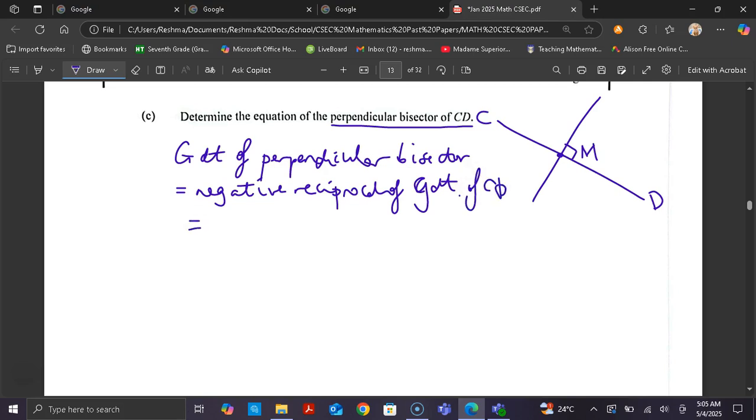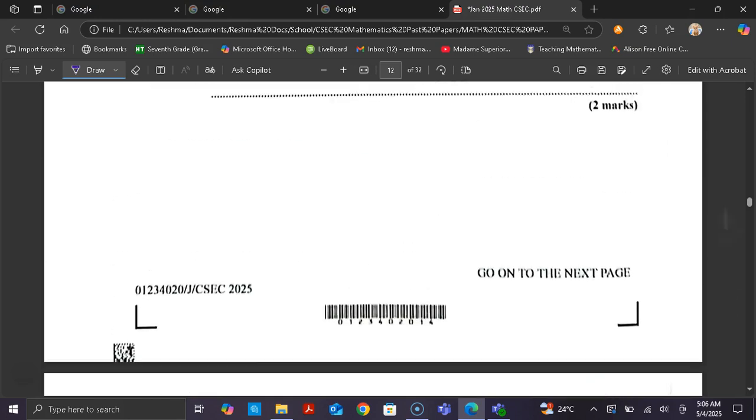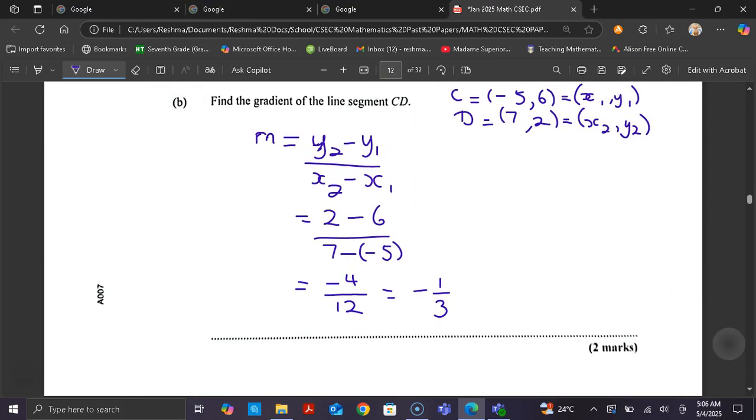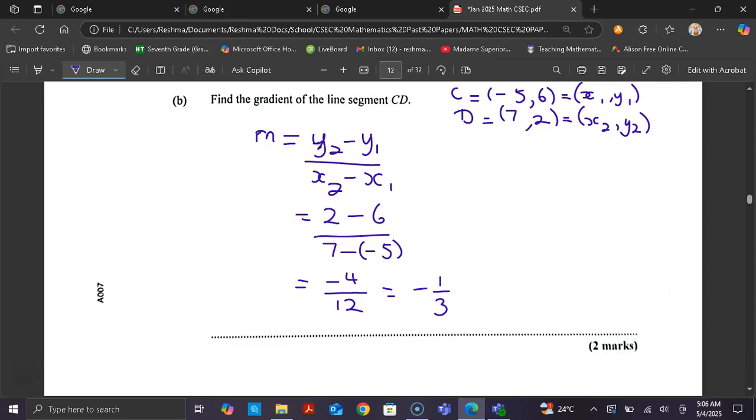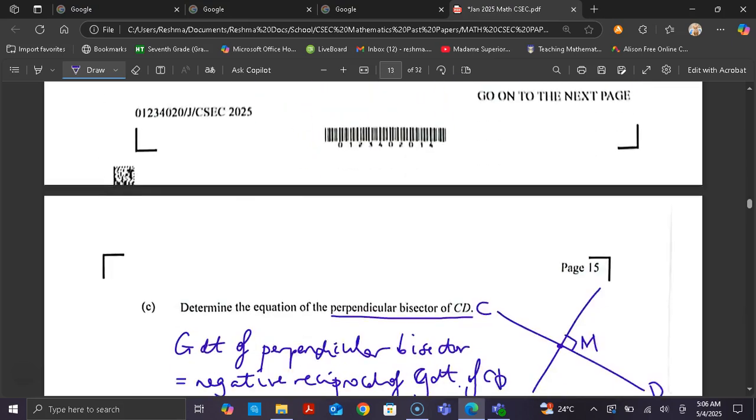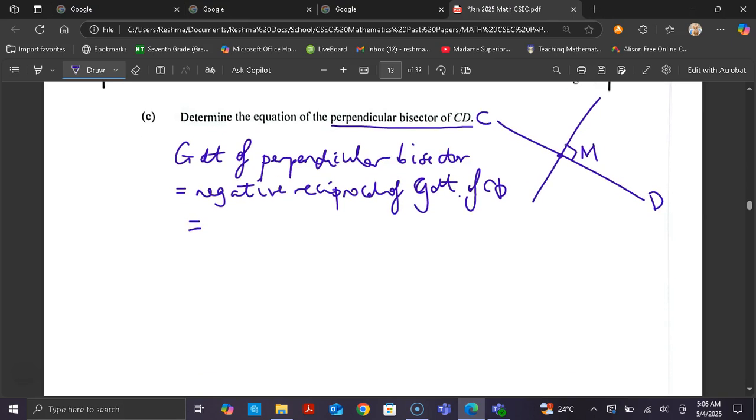If the gradient of CD from the previous part was -1/3, the negative reciprocal of -1/3 will be positive, and if we flip the fraction, it will be 3. So therefore, the gradient of the perpendicular bisector is positive 3.